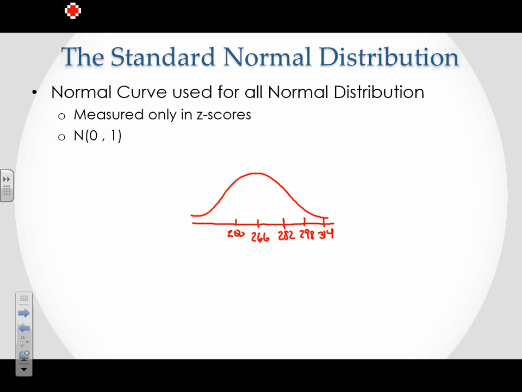Now the problem with this, if we use this normal distribution, this only works for pregnancy lengths. Right? So if I was looking at area under this curve, I can only do it if I know where the pregnancy length ends, and then I have to calculate area underneath the curve, which isn't going to be very useful because most of us don't have the calculus knowledge to do something like that.